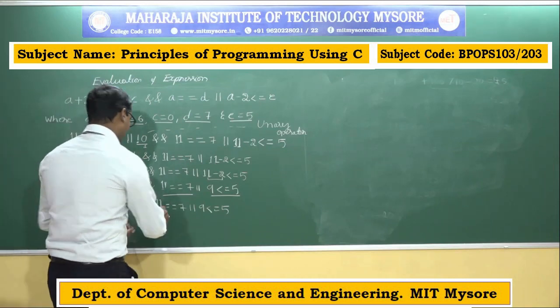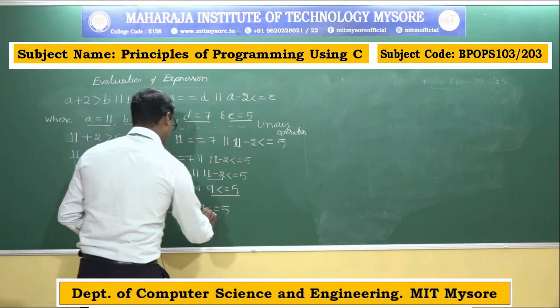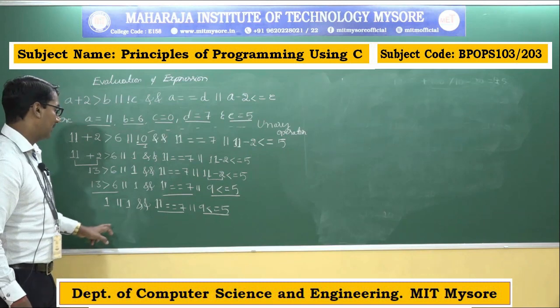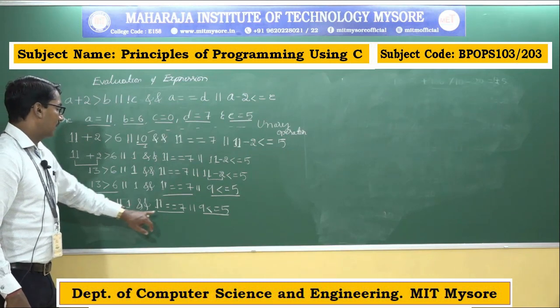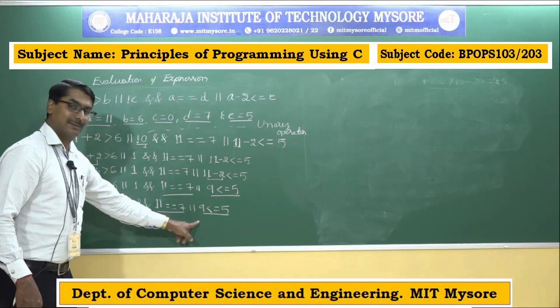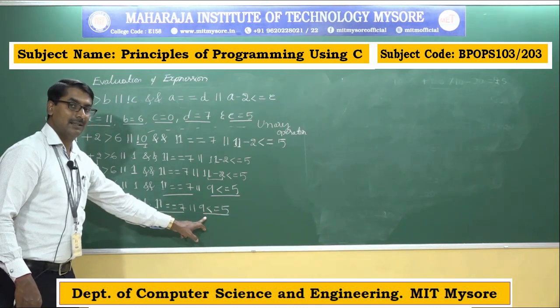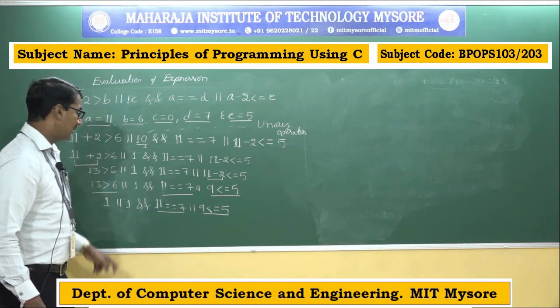Next, we are left with the equal expression and the less than or equal to 5 expression. In these two relation expressions, the highest precedence is for the relational expression less than or equal.